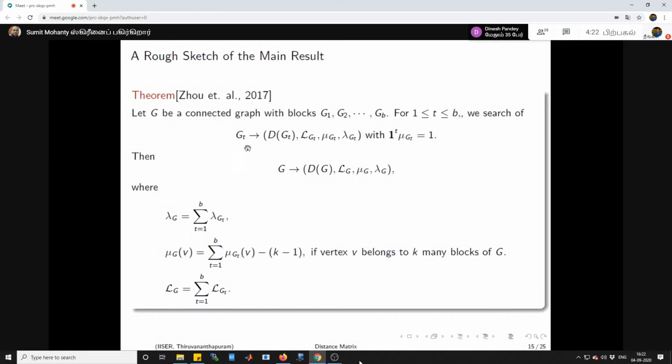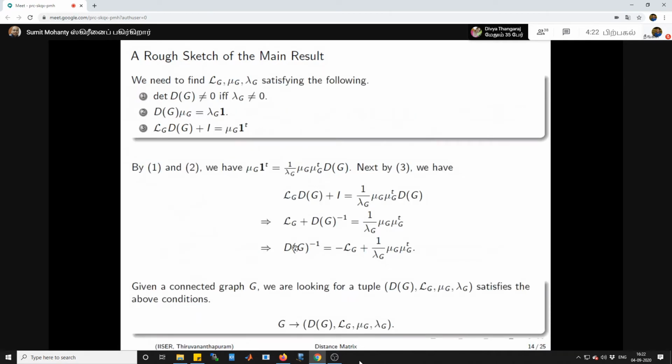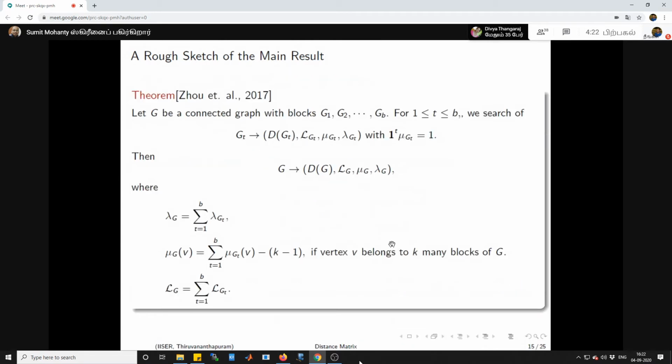So what it says is, if we are able to get the requisite form for individual blocks, then you will get the form for the whole matrix, the full graph G.